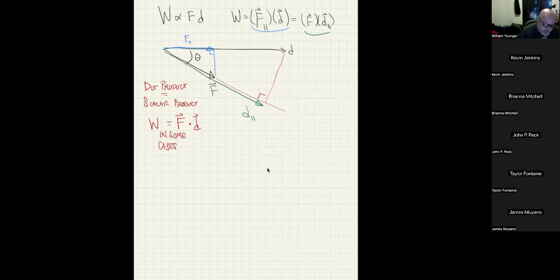And the reason why I'm saying that is because this is not true unless F and D are, I'll call it constants, and I'll just say sort of.